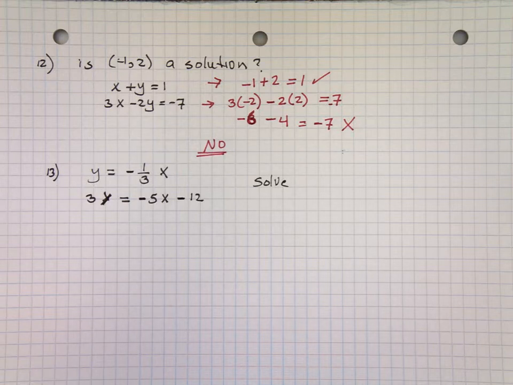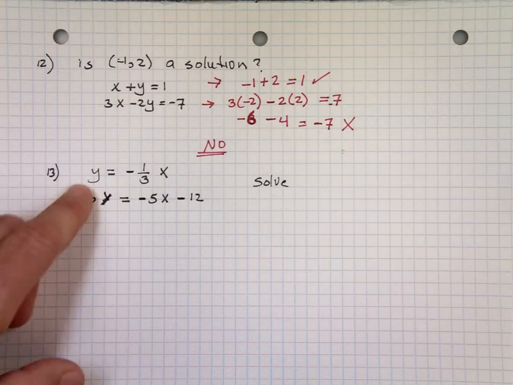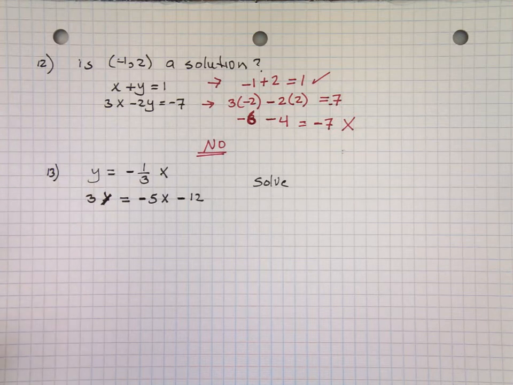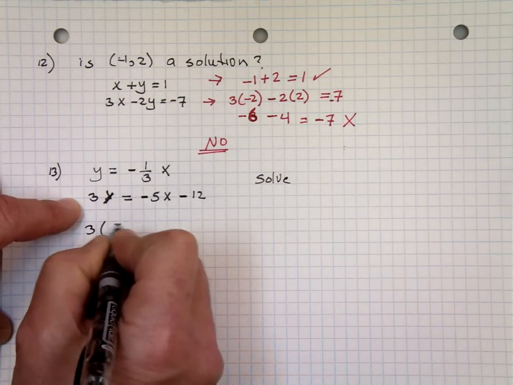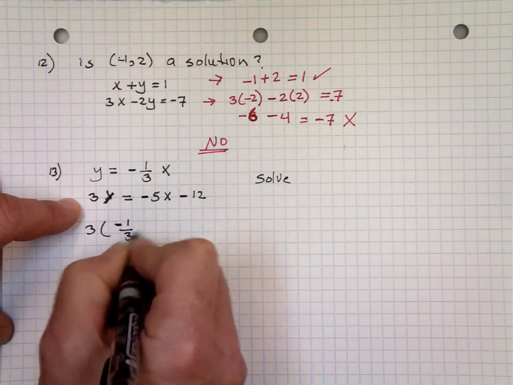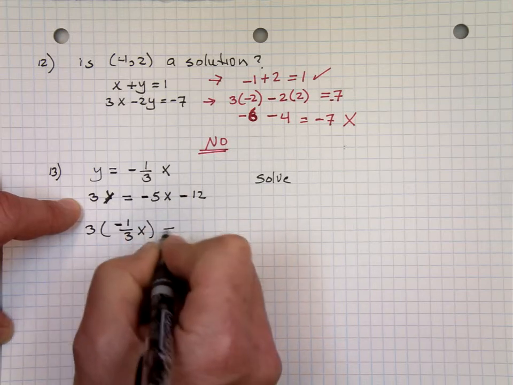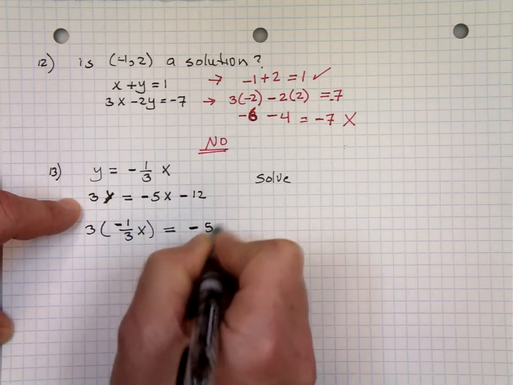Well, it's already telling me what y is equal to, right? It makes sense to use substitution. Replace y by the value of y, which is what? Negative 1/3 x equals negative 5x minus 12.